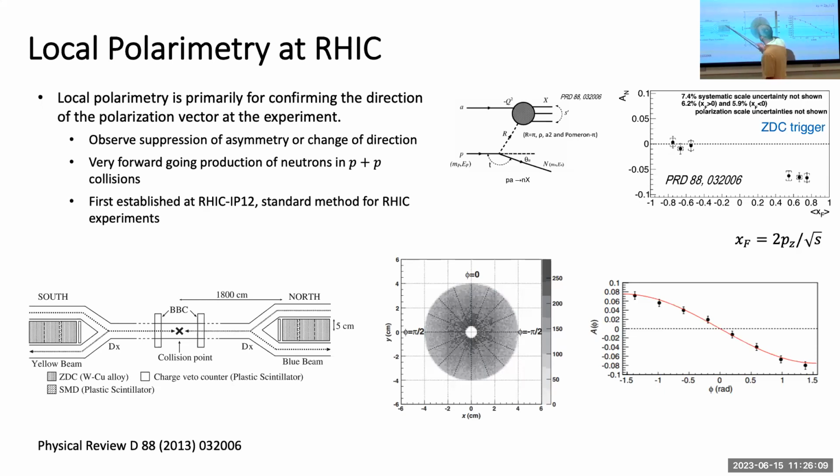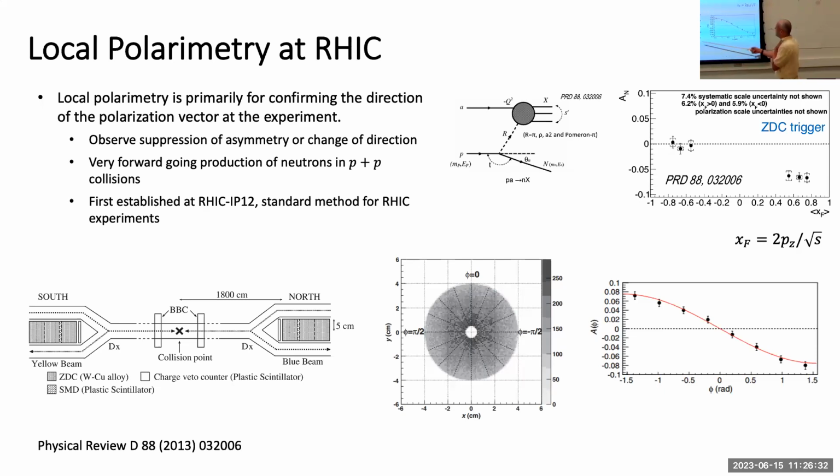And we have these 0-degree calorimeters, which are intended to measure neutrons that come out of the interaction at 0 degrees. So in this case, this is a small angle where the beam pipe already goes to the side from the outgoing and the incoming beam. So this is really 0 degrees with respect to the beam direction.